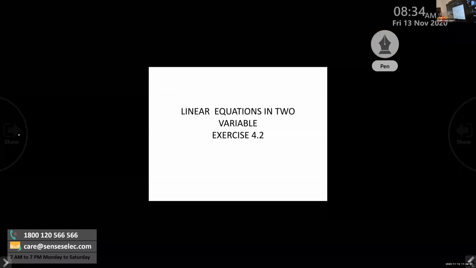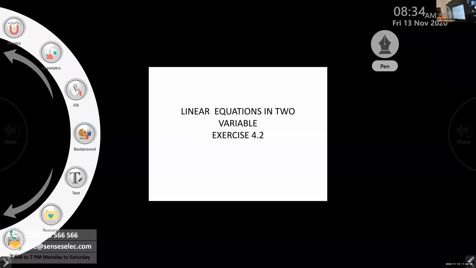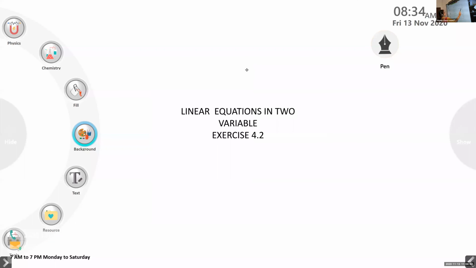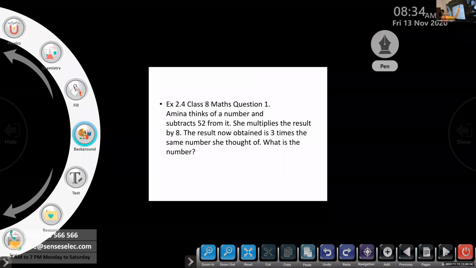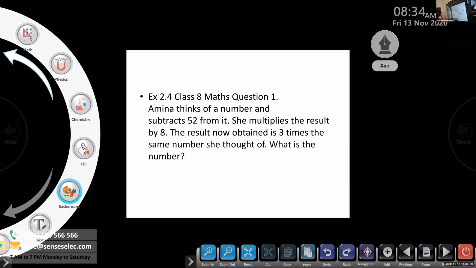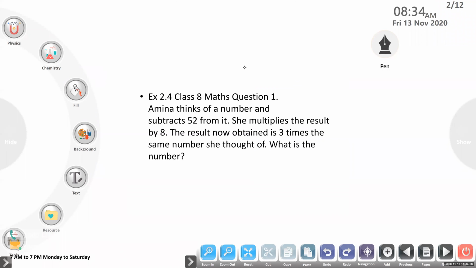First question. Write the question. Amina thinks of a number and subtracts 52 from it.